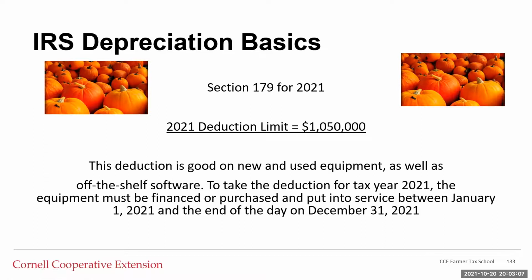And this is some verbiage right from the IRS website. Section 179 is a depreciation law, an IRS law, that allows you to rapidly depreciate an item. And for 2021, the deduction limit was $1,050,000.